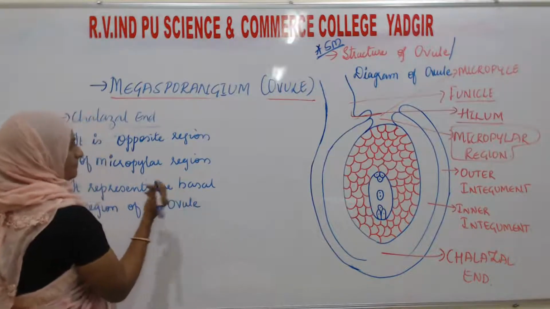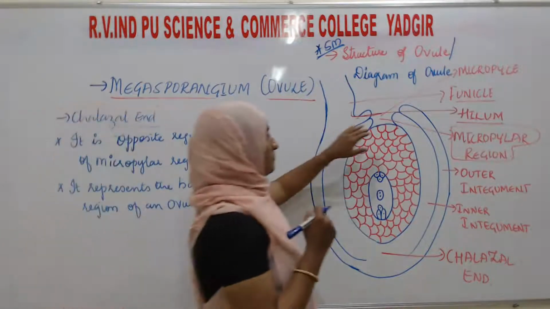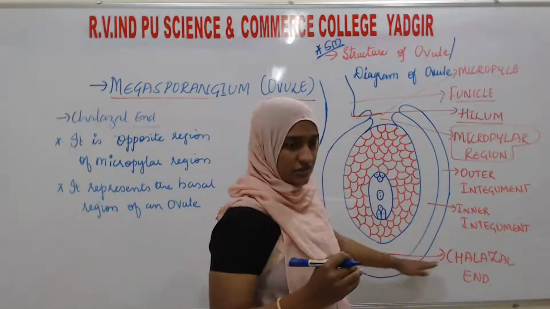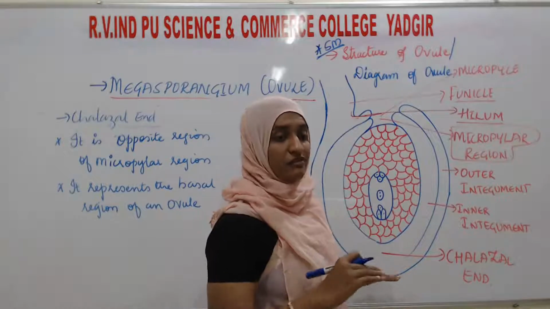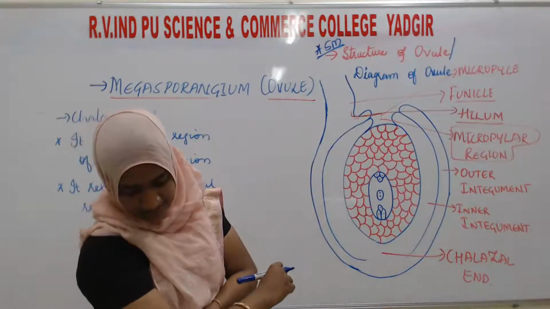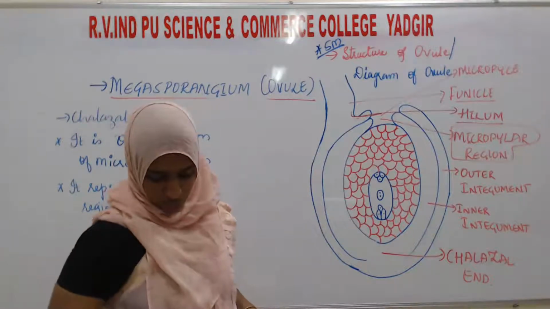You can see the micropylar region is present at the tip of the ovule, while the chalazal region is present at the base of the ovule. What is chalazal? It represents the basal part of the ovule.